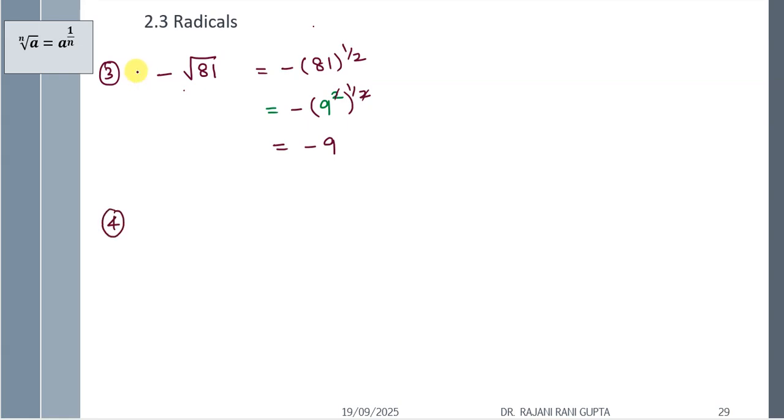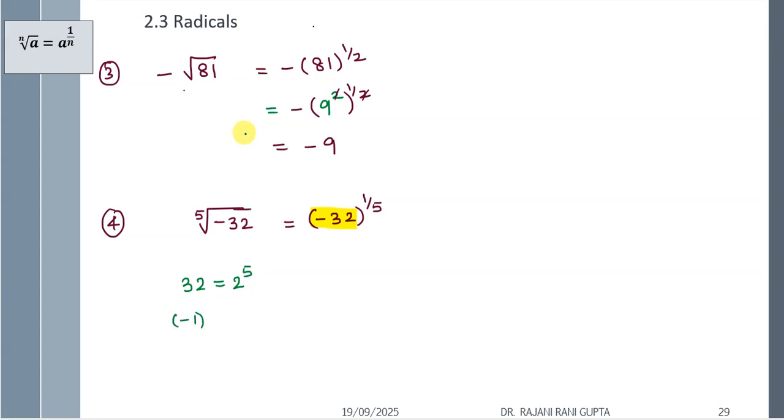Suppose you have the fifth root of minus 32. First of all, writing it in the form of a rational exponent, minus 32 to the power 1 over 5. Now here, you have to check how you can write minus 32 as a fifth power. So focus on the number first. You know that 32 is 2 power 5. Now you need the negative.